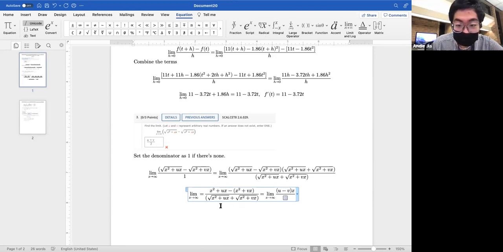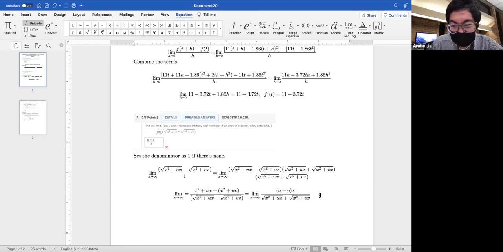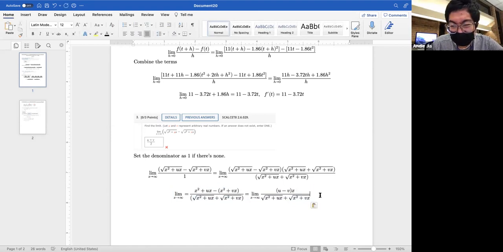Now we have this mess, divided by x. Just apply the limit law.